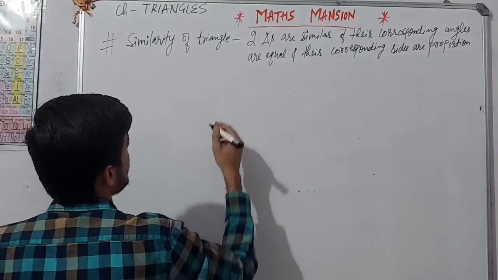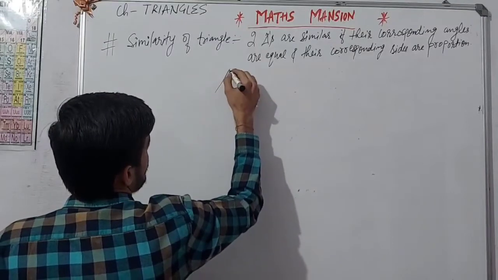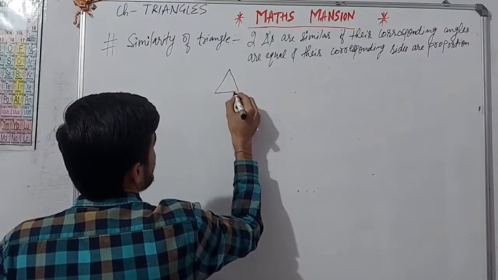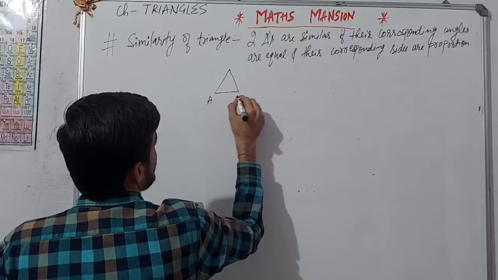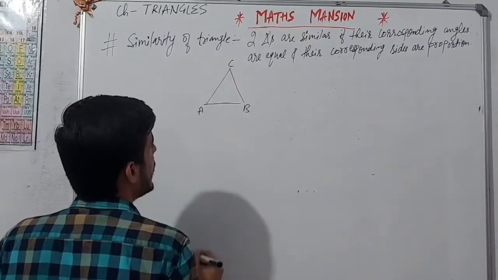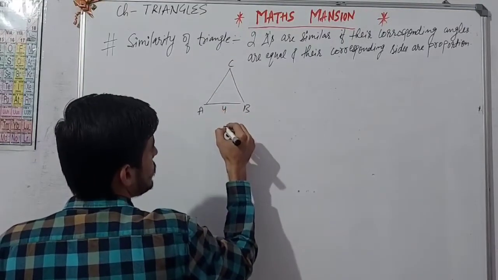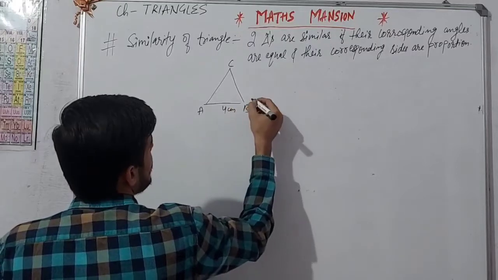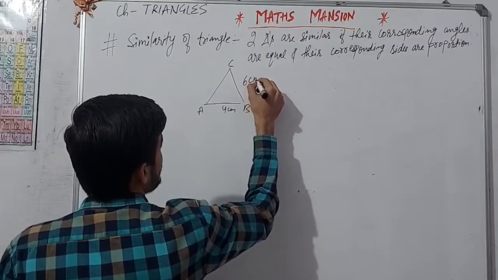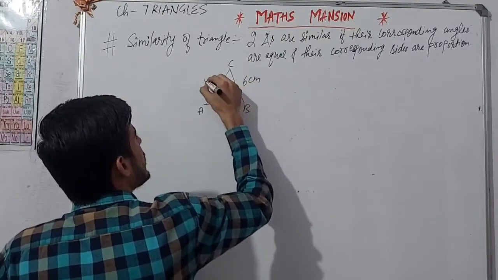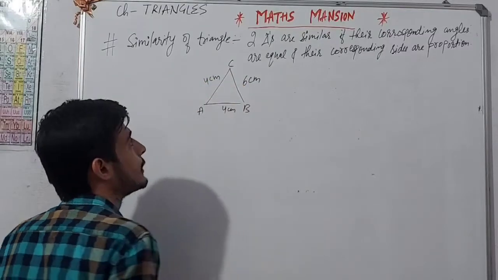Let's draw two triangles. Triangle ABC. Let AB be 4 centimeter, BC be 6 centimeter, and AC be again 4 centimeter.